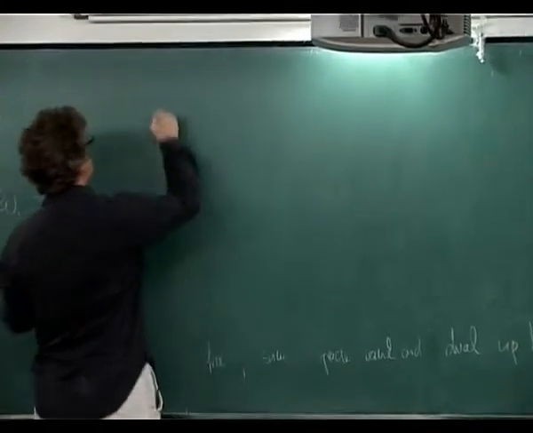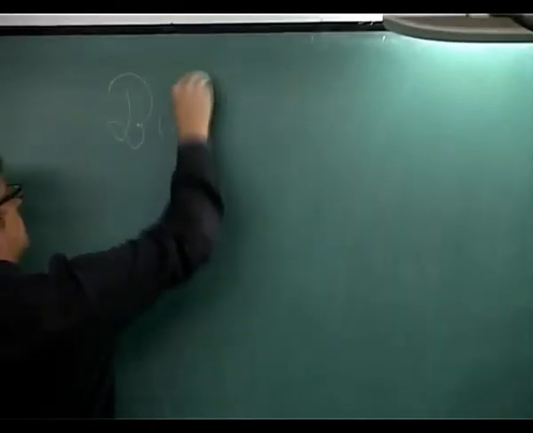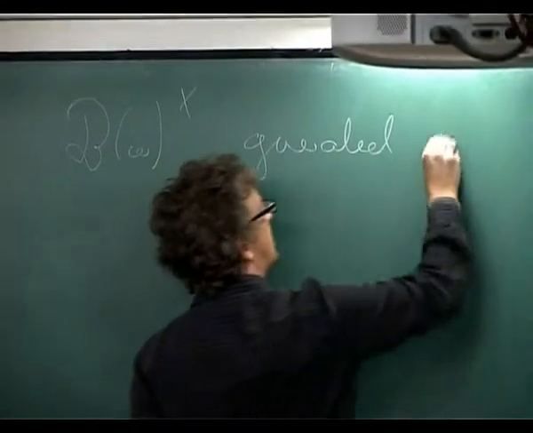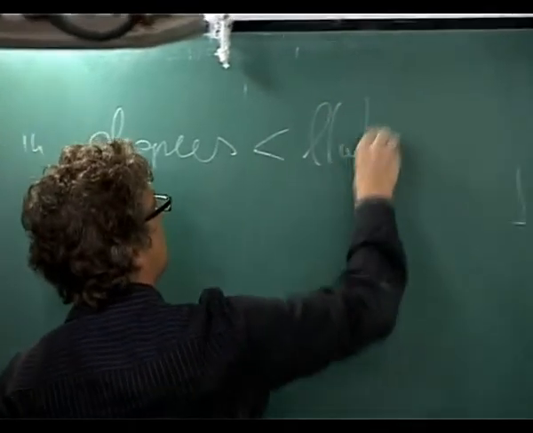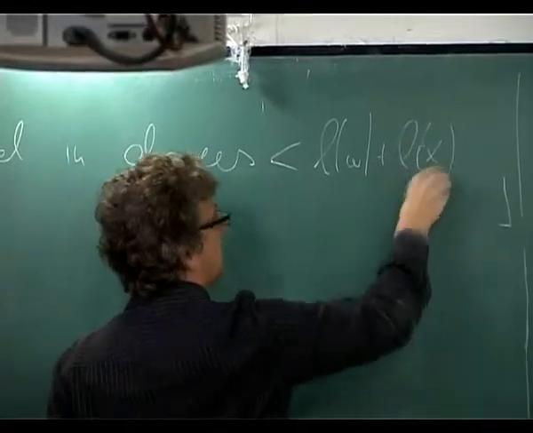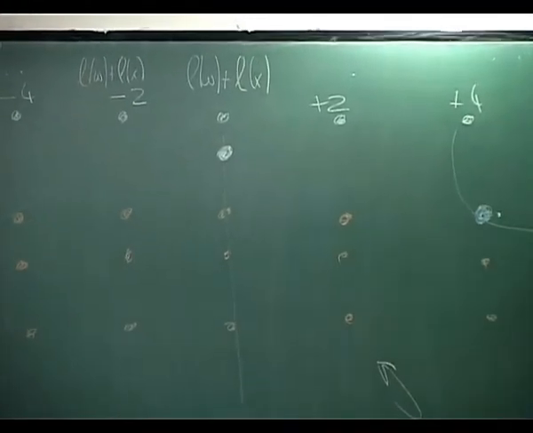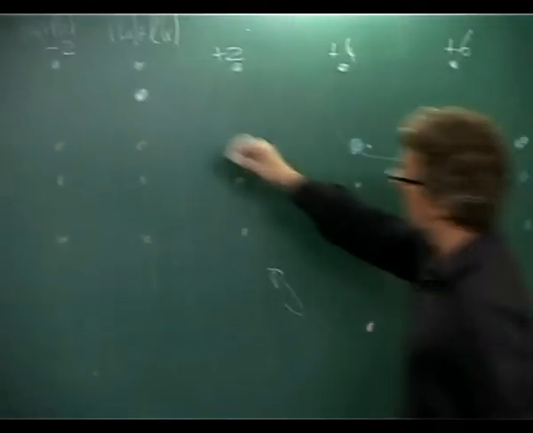That was what we want to check, is that BW x is generated in degrees strictly smaller than length of W plus length of x. Suppose this is not the case, and we have a generator at this critical limit, then by duality, we have another generator of this submodule in the same degree.